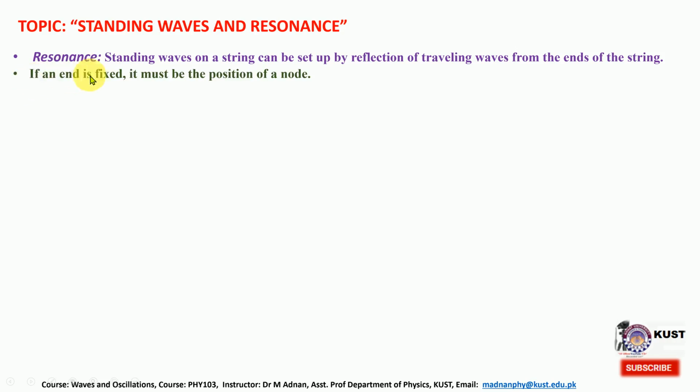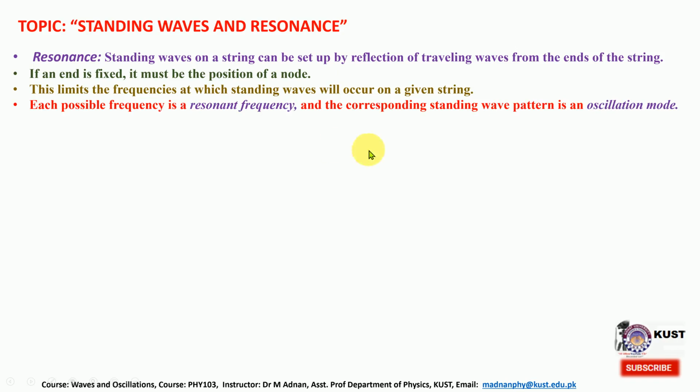If an end is fixed, that is, you have a string connected to a fixed end, and you are sending identical sinusoidal waves so that they will be reflected, those end points will be known as the nodes, because those points will not be oscillating because of the rigidness. This limits the frequencies at which the standing waves will occur on a given string. That we will understand in a minute with the help of the figure.